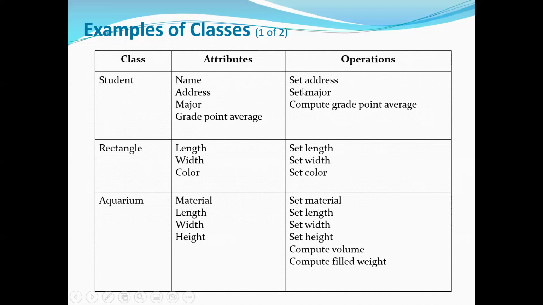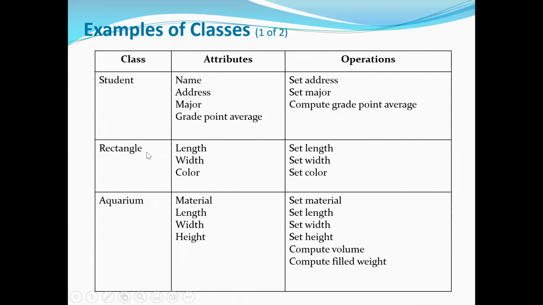The operations are that we can set address, set major, and also compute the grade point average. From this example, we can see that a class always consists of two things: the attributes of the class and also the operations of the class. The operations of the class become the methods of the class. The attributes of a class become the data, or the instance variables, the data members.